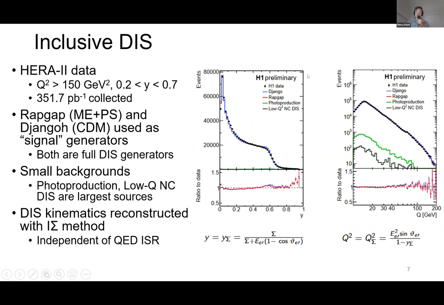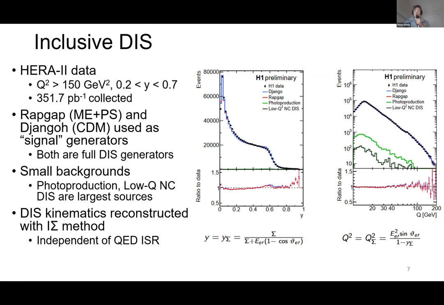The nice thing about event shapes is that they're inclusive observables, and so one needs to look at inclusive DIS observables. In this analysis, we're looking at Q squared greater than 150 GeV squared, and inelasticity y between 0.2 and 0.7. And we're analyzing the 351.7 inverse picobarns collected during the HERA 2 data taking period.